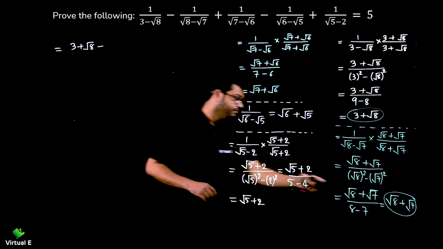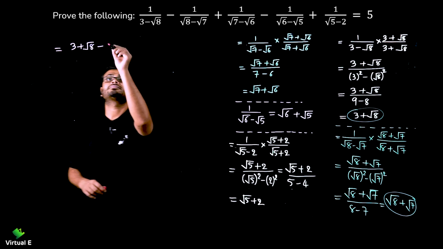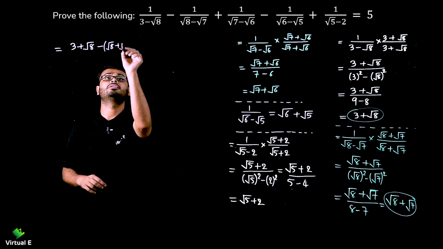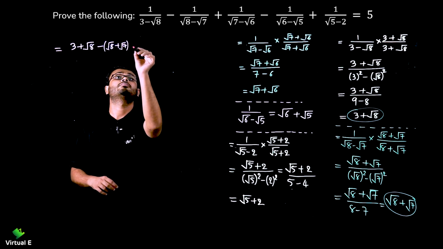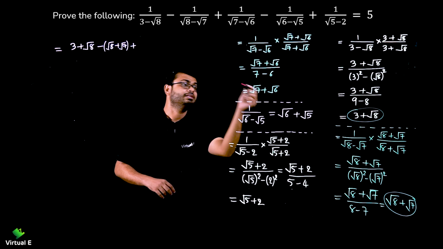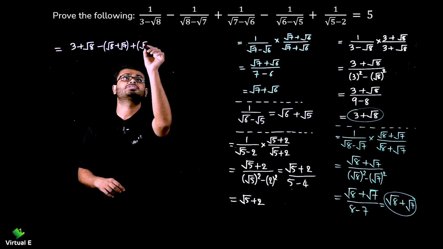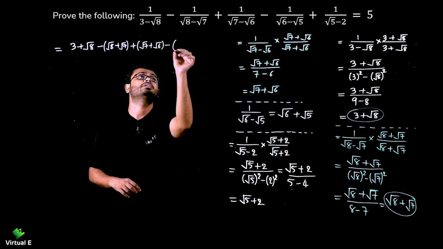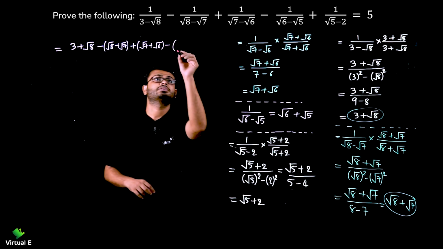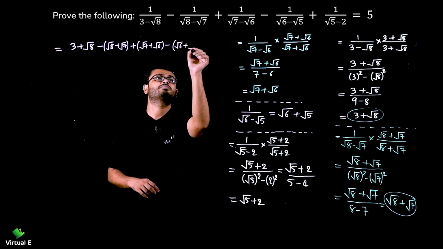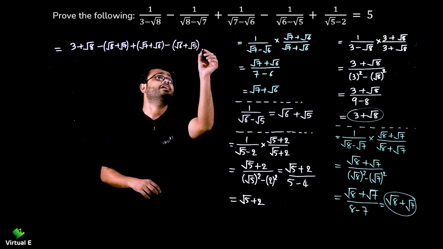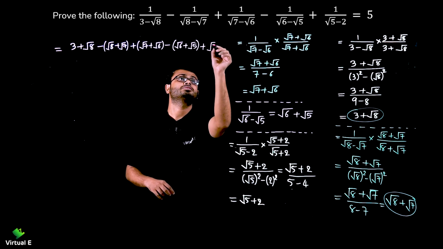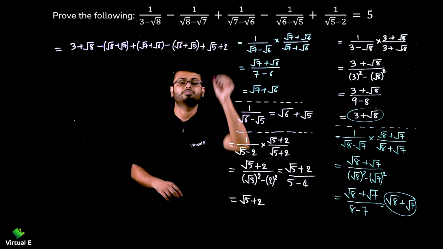So minus, we can write root 8, and we have plus root 7, then plus, so as it is, that is root 7 plus root 6, then minus here, so here root 6 plus root 5, and finally the last one, that is root 5 plus 2.